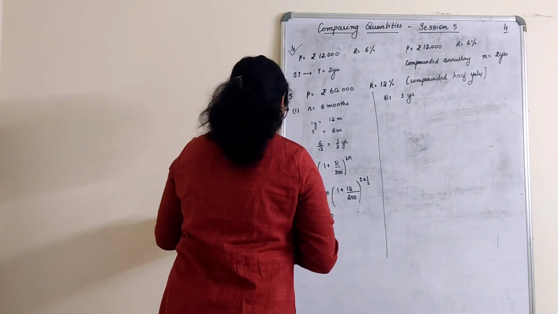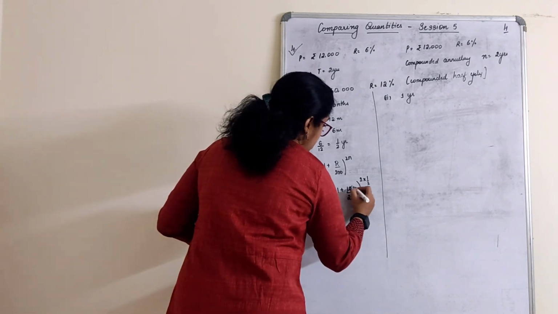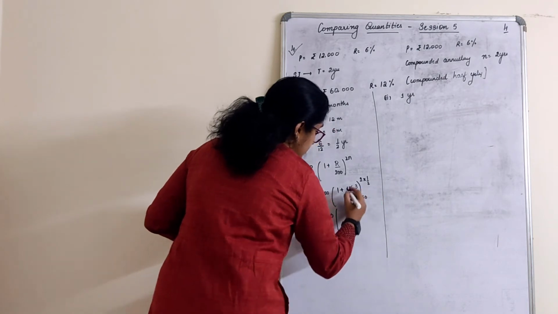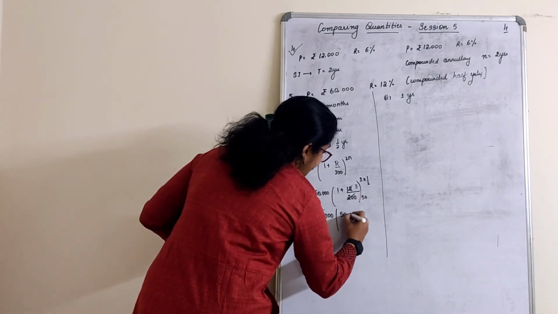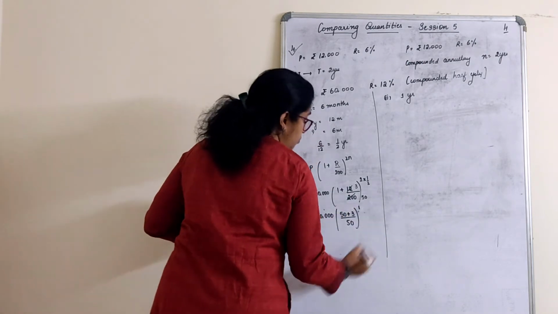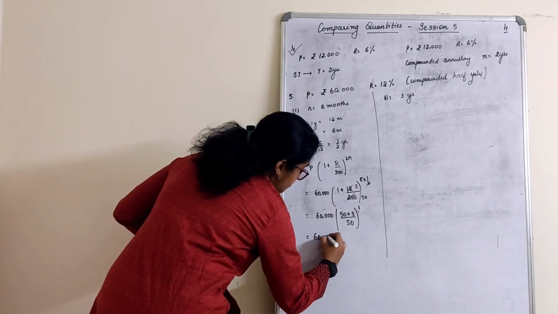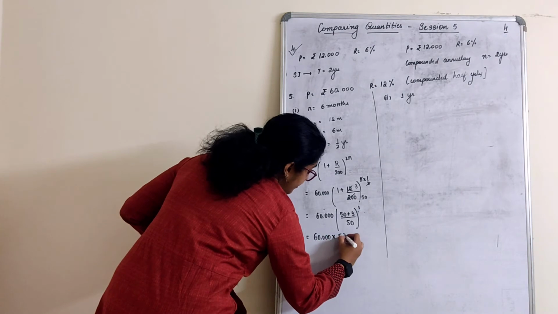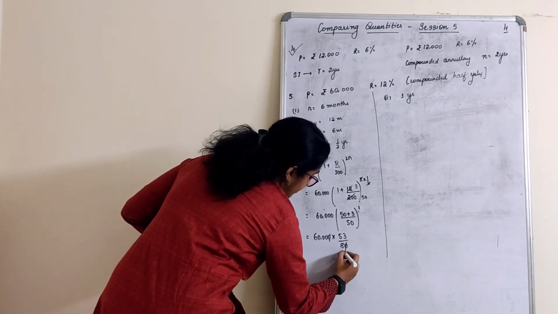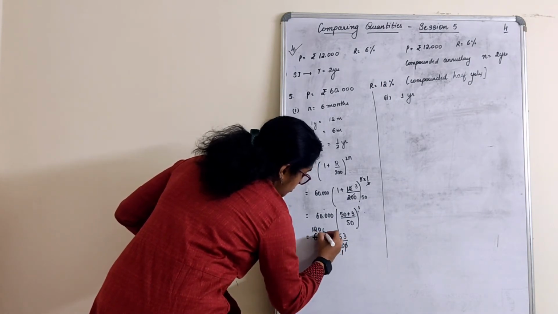60,000, so 212, what we can do here is 4 3s are 12, 4 5s are 20, 0. So this is 50 plus 3, divided by 50, raised to 1. 2 and 2 will get cancelled here. 60,000 into 53 by 50. 5 1s are 5, 5 12s are 60, followed by 2 more zeros.